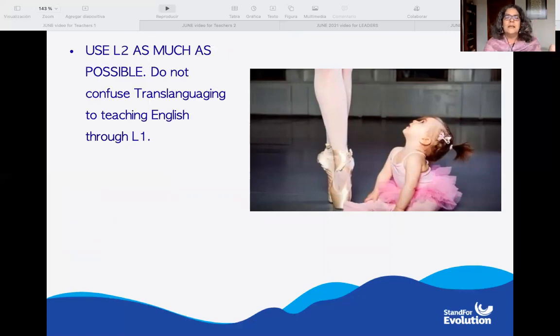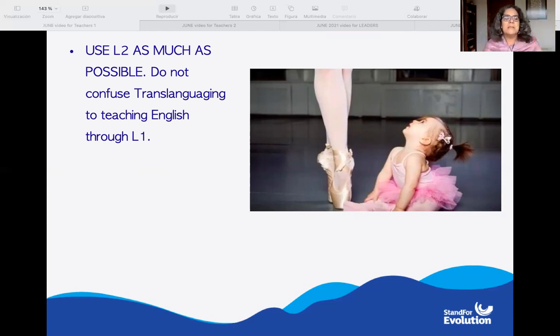So what is very important then? It's very important that you use English as much as possible. When we talk about using translanguaging features, it doesn't mean that you teach English through Portuguese, please. What it means is that sometimes we can use Portuguese to explain something and then go back very quickly to English.